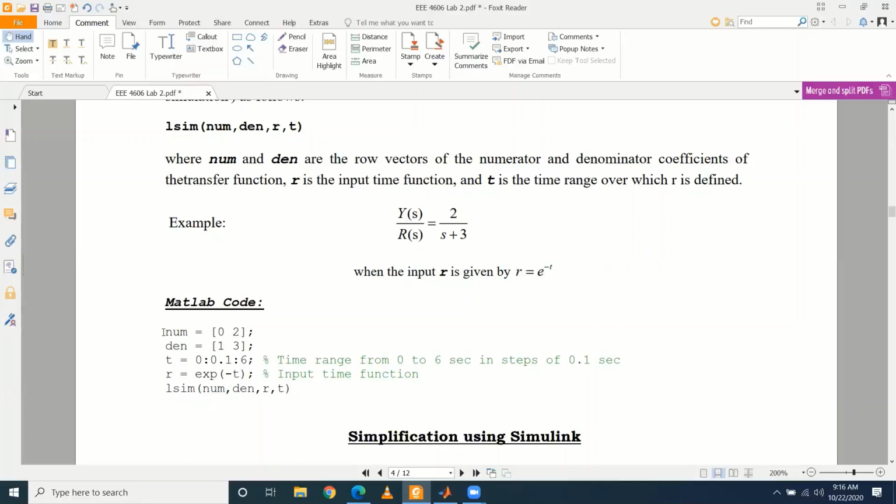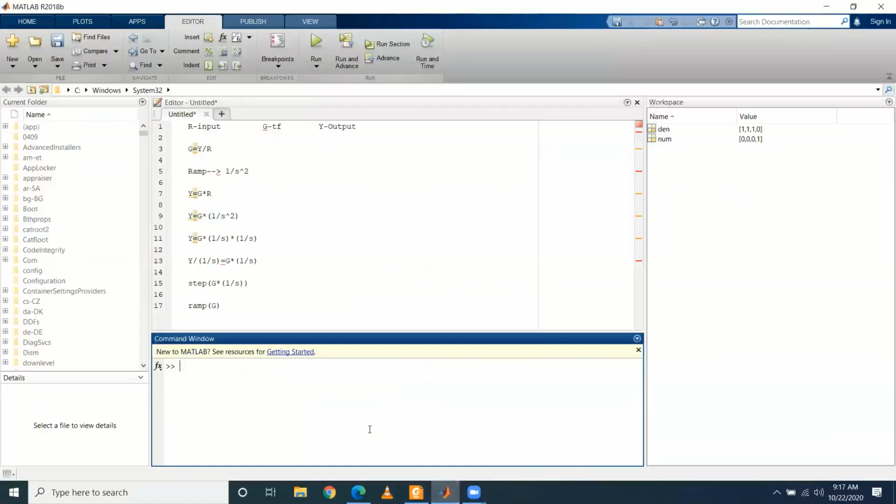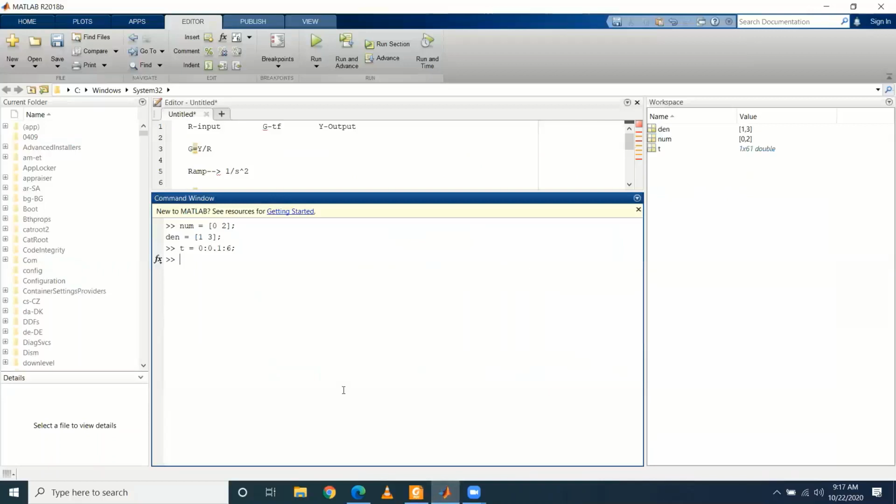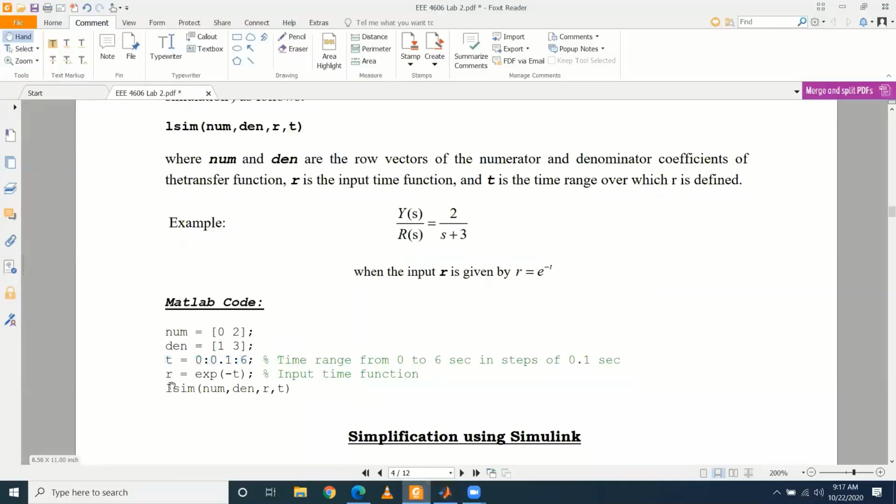So very easy. First write the num and the den. Clear all, CLC. So we have written the num and the den. Next, define the time interval for which we want to observe the response. Suppose from 0 to 6 seconds. And then write the actual input function itself, which is e to the power minus t.